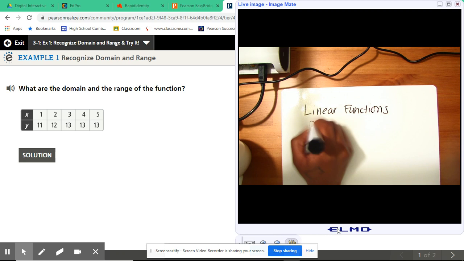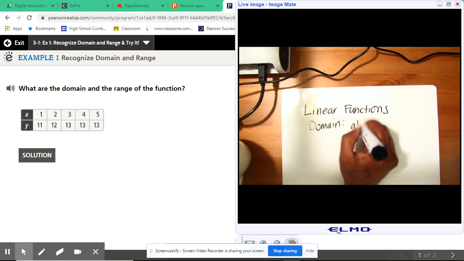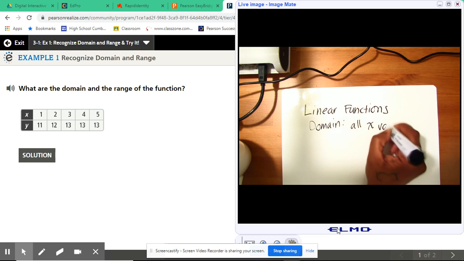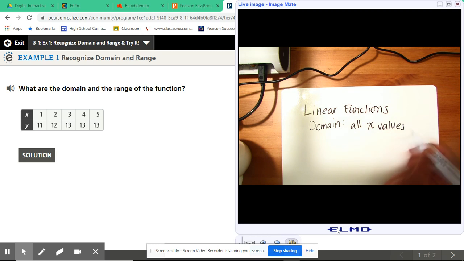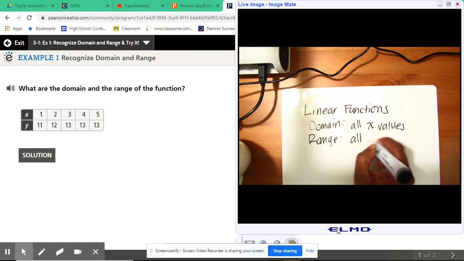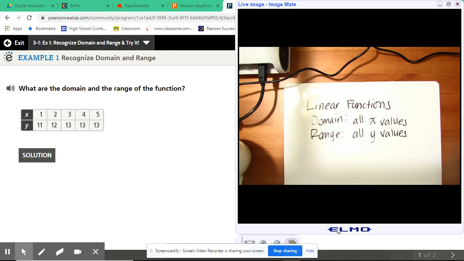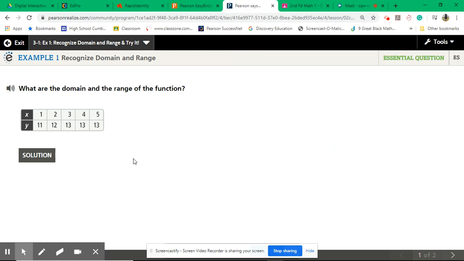Domain and range. So domain is all x values, and range is the y values. Okay, so if we look at this table, it's very simple to tell what the domain and the range are.